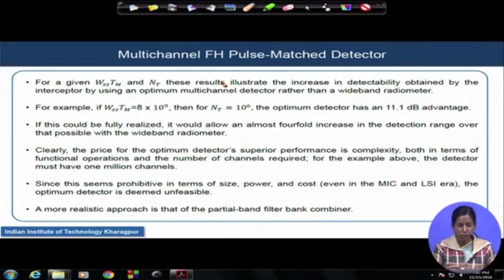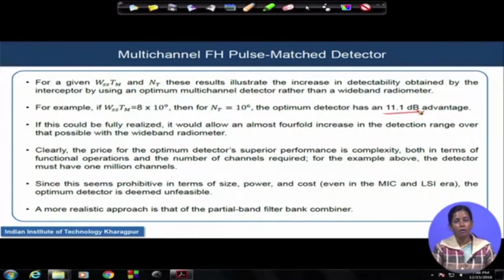We can also quantify this. When the time bandwidth product was 10 to the power 9, and if I have 10 to the power 6 hops, the optimum multi-channel detector improves by 11.1 dB with respect to your radiometer.